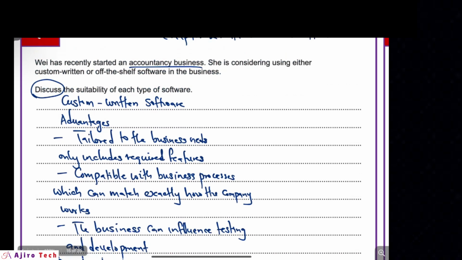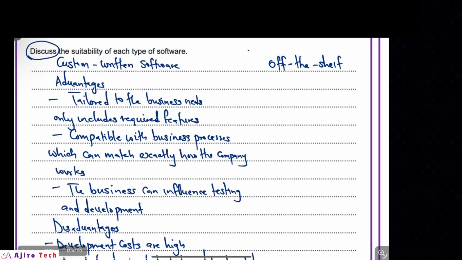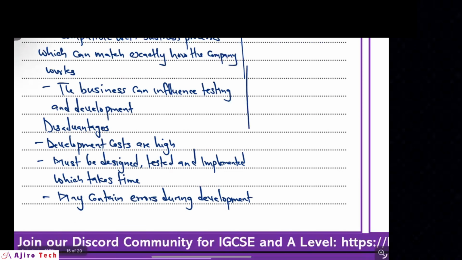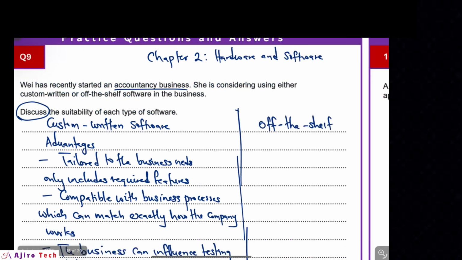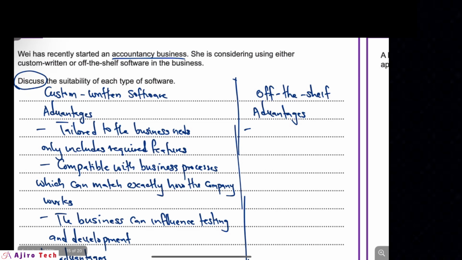Okay, let's talk about off the shelf. For off the shelf, advantages: can be installed and used straight away.